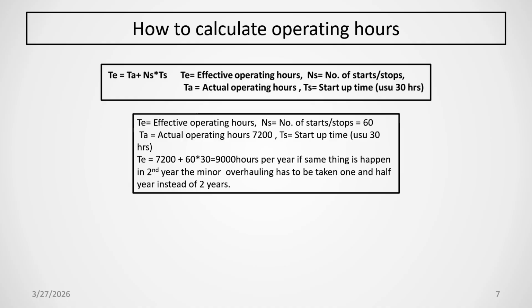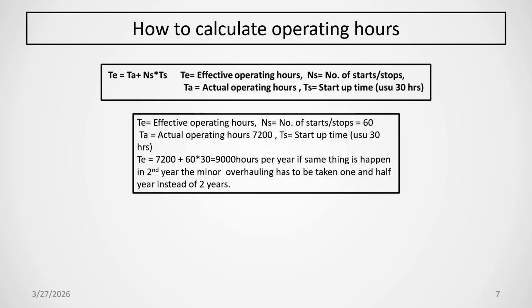That is very important. You have to keep a record of how many times you have stopped the turbine, how many times you have started the turbine, and the actual time it is running. If you add this, you will get the actual operating hours.